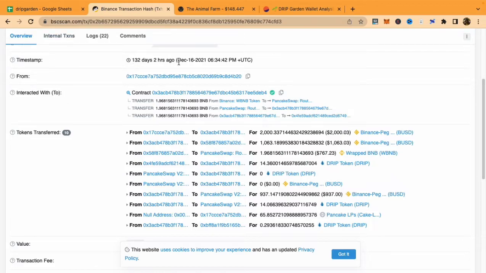It was on December 16th that I got in, 132 days ago, and this was my initial here, 2000 BUSD or 2000 USD equivalent into the drip garden, and this got me 65.85 LP tokens, which I used to start off with my initial plants that I planted into the garden.